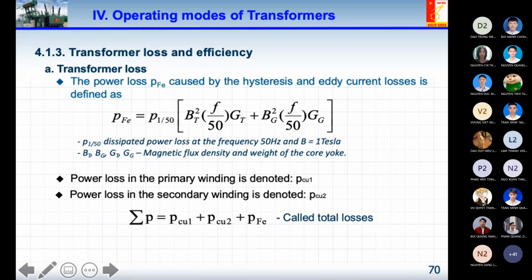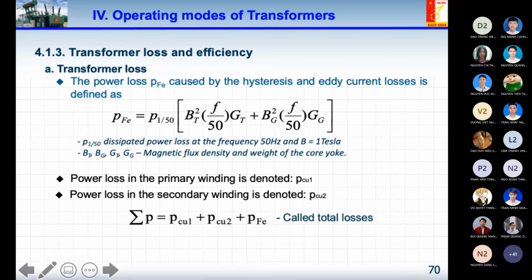By summing up all the losses of the transformer, PCU1, PCU2 plus PFE, we get the total loss here. This one is the copper loss from the primary winding, and here the secondary winding.